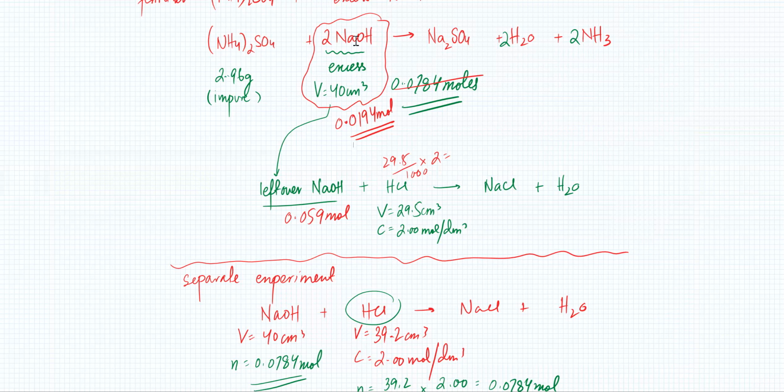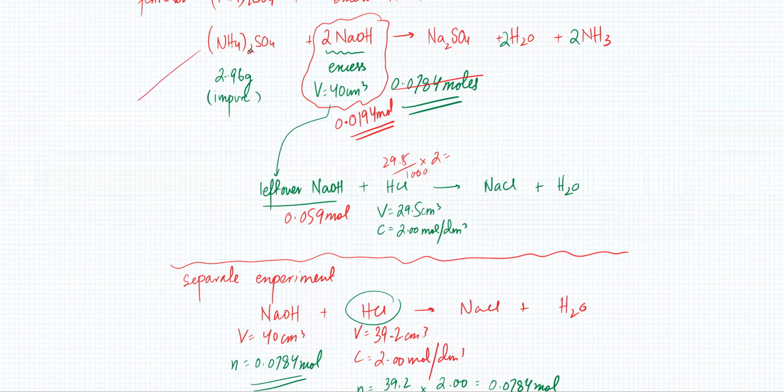Some of them reacted with ammonium sulfate, but some of them were left, which were 0.059. So the amount that is reacting with ammonium sulfate is 0.0194. And it's 2:1. So according to the ratio, you can find out the moles of ammonium sulfate. So 0.0194 divided by 2.